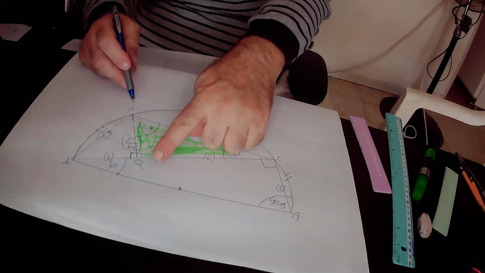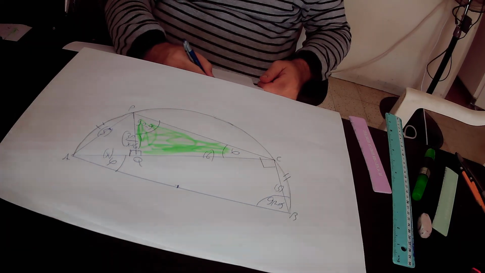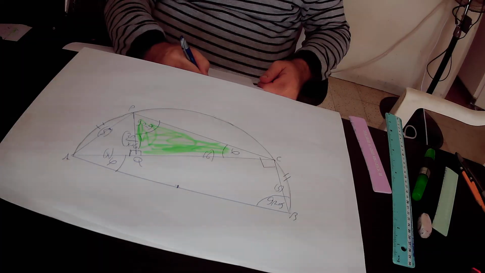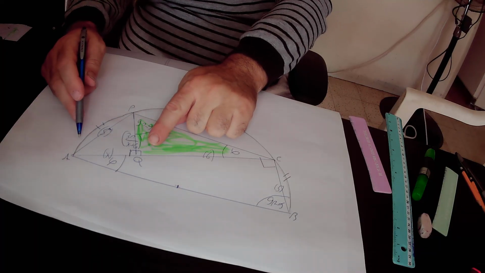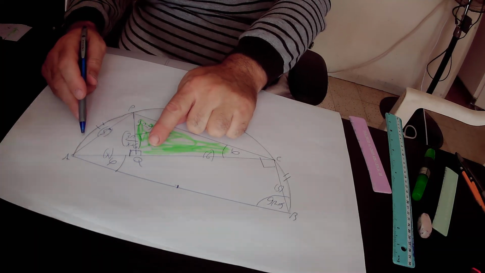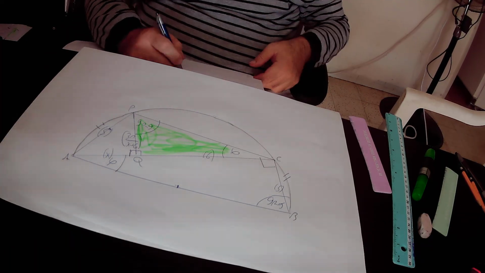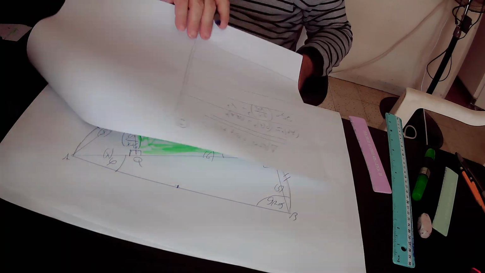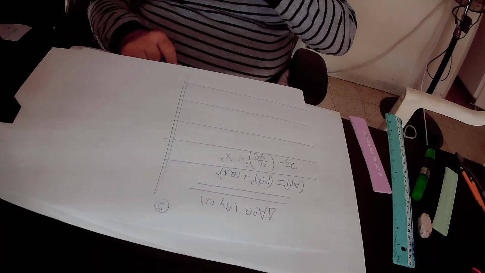PQ is 30 over x plus 6, and therefore PQ squared is 30 over x plus 6, squared. Plus AQ squared. AQ is x, the number that we are looking for in this question, so AQ squared is x squared. So in total, 25 equals 30 over x plus 6 squared plus x squared.